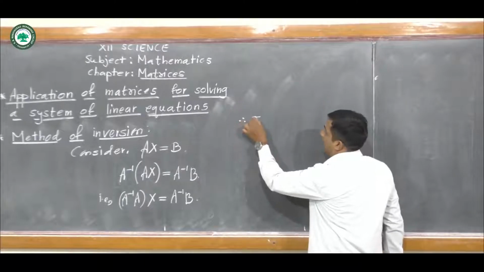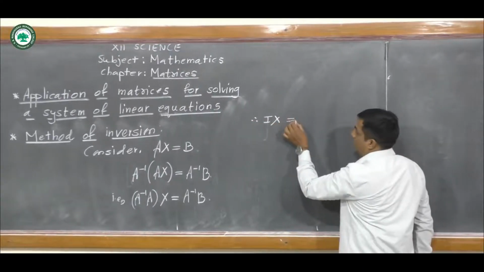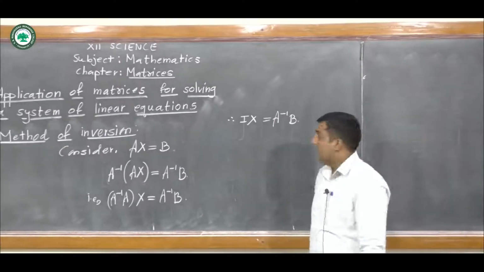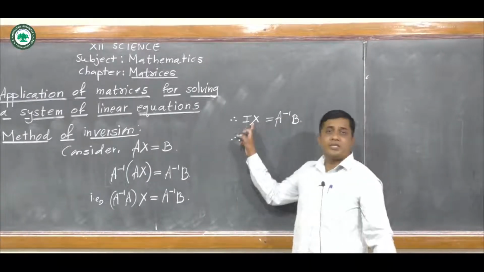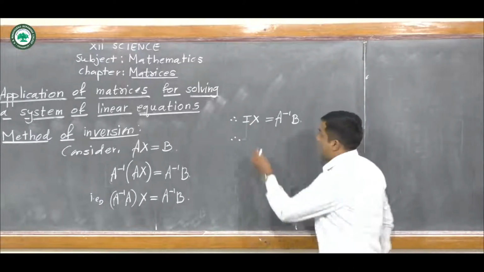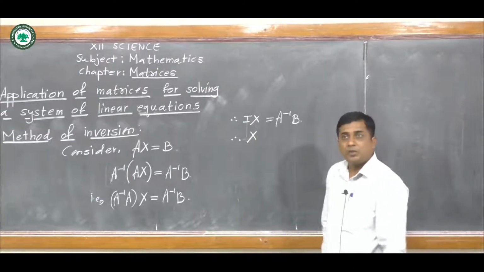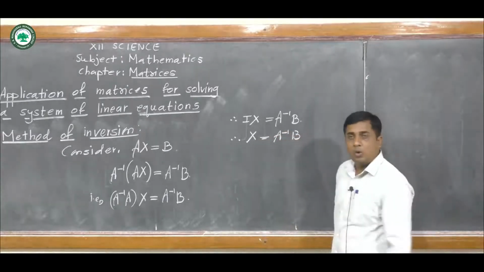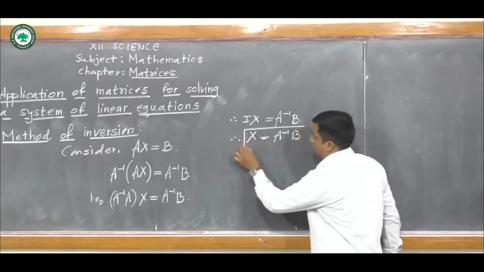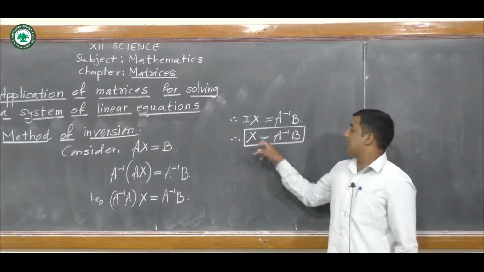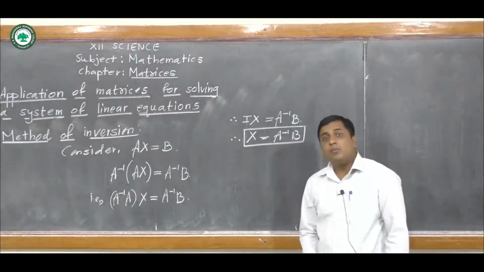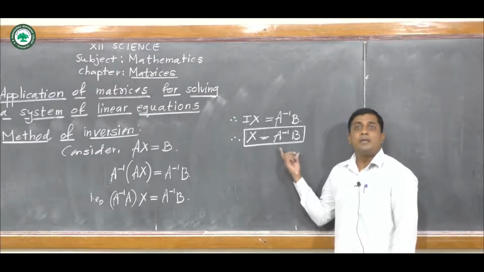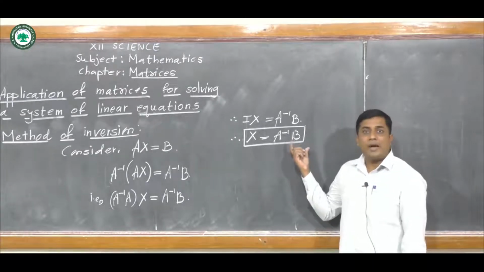So I X is equal to A inverse B. And we know identity matrix into any matrix is always the matrix itself, that is X. This is equal to A inverse B. Using the equation X is equal to A inverse B, we find the values of the variables.